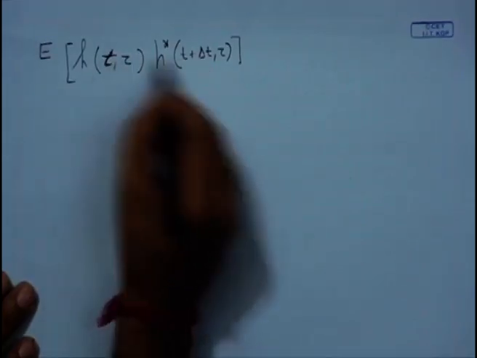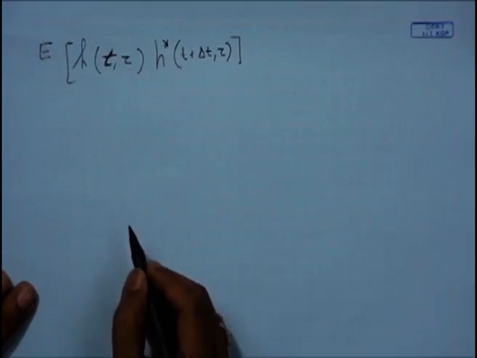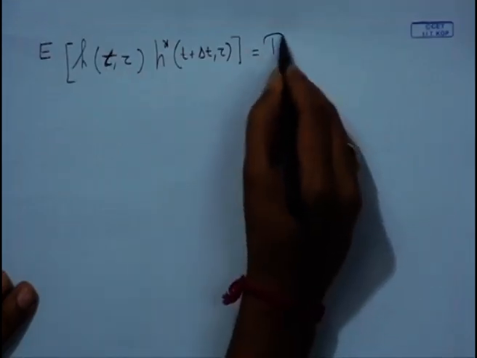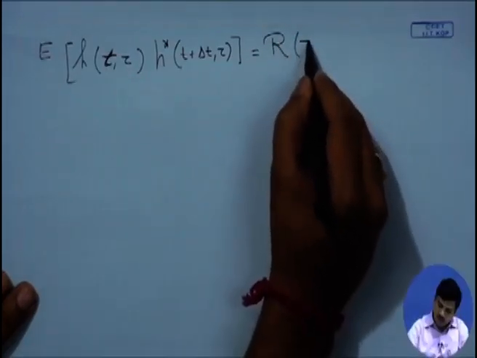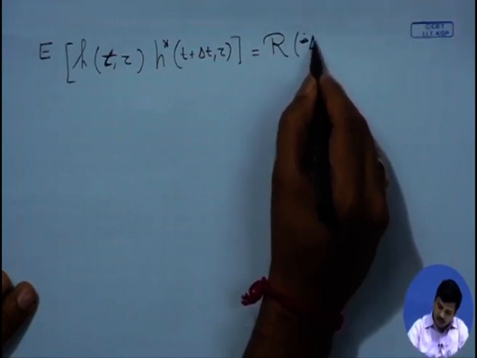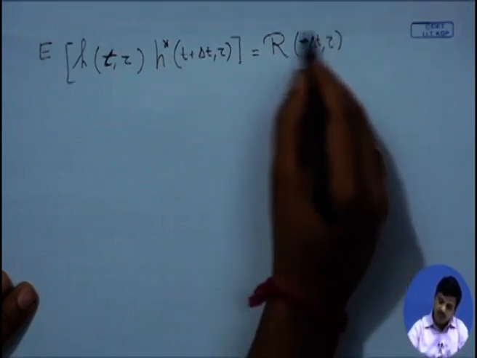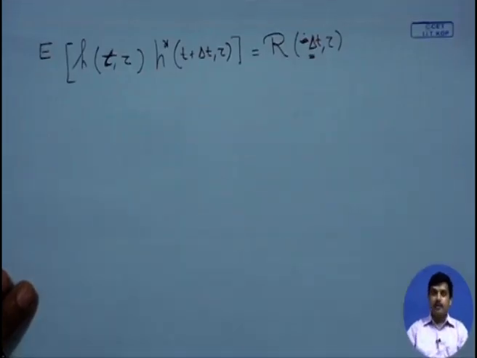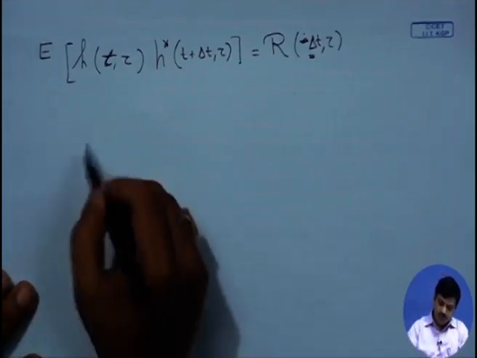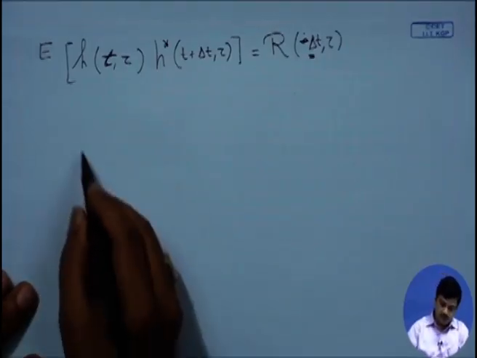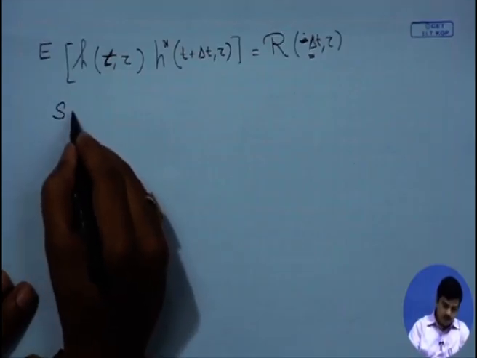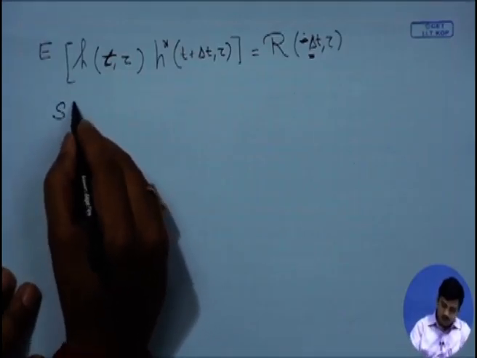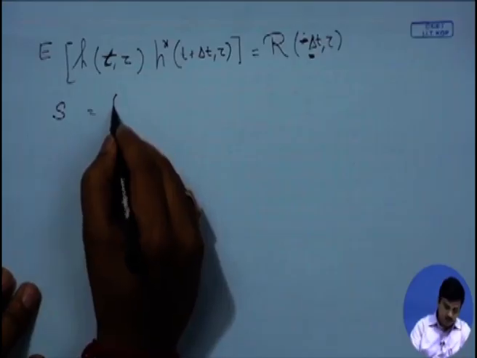So this is t, right, and we said that this is R of delta t comma tau. That means this is not dependent on t, it is dependent only on the lag time between the two channel coefficients.